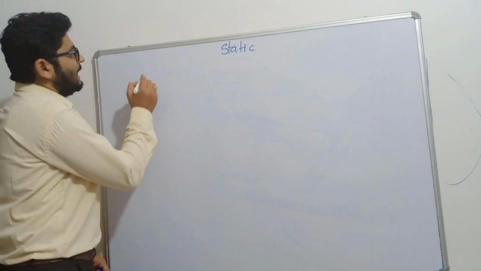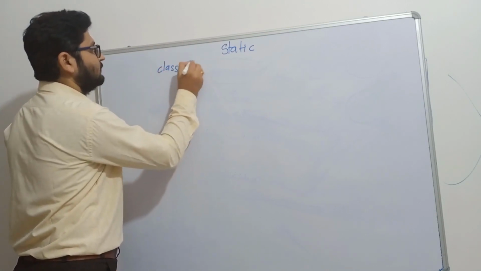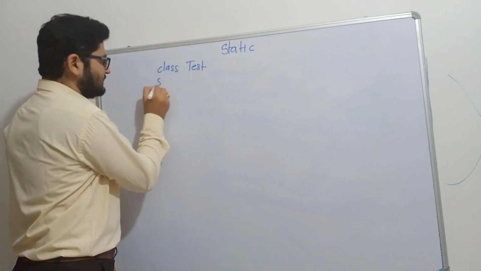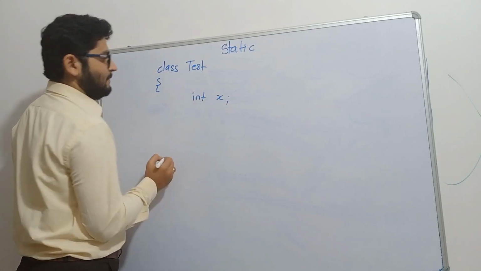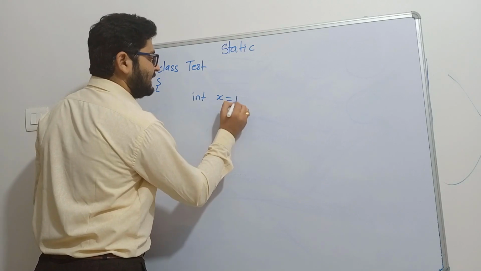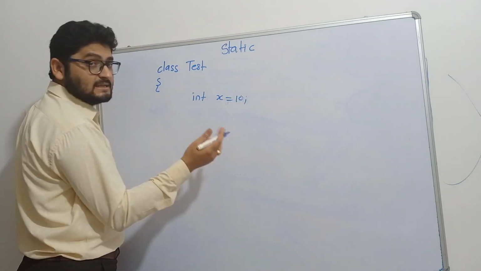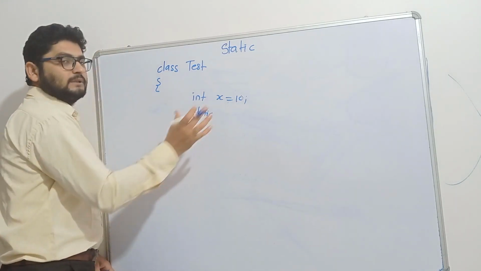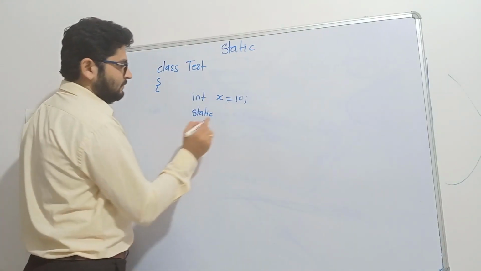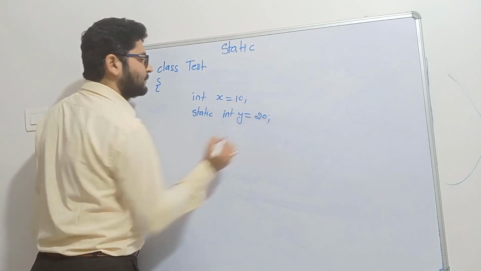Let us understand this concept with another example. Suppose I have one class Test. In this class I have two integers x and y, where x is a non-static member of Test, whereas y is the static member. For that we need to write static before the declaration of the variable: static int y = 20.